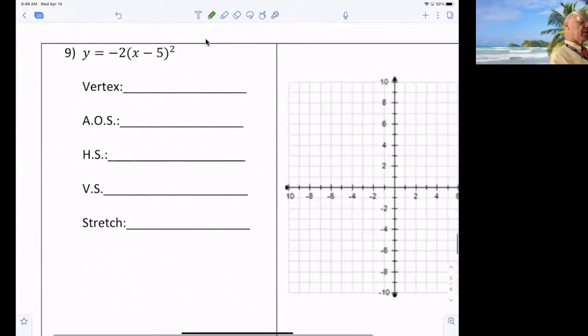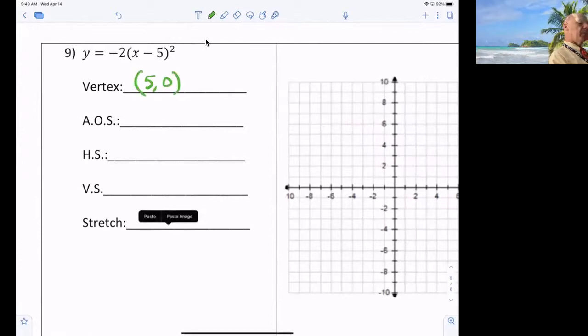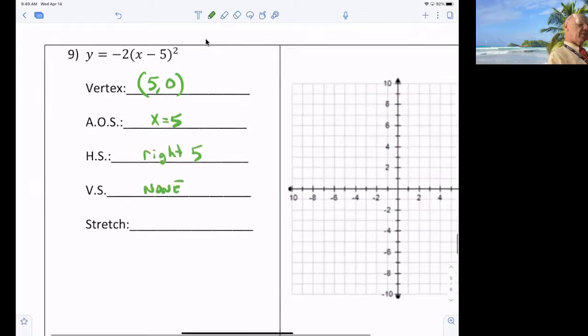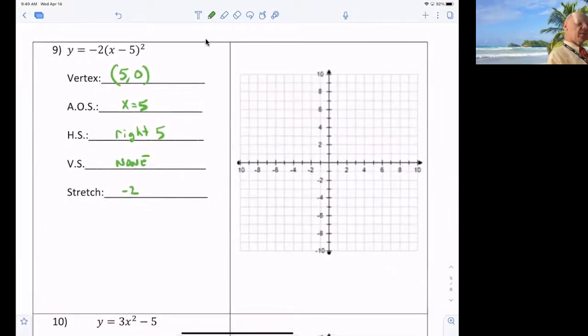Vertex, what is the vertex? No, what's the vertex? 5, 0, beautiful. Axis of symmetry: x equals 5. Horizontal shift. Vertical shift: there was no shift. Stretch: -2. Plot the vertex.